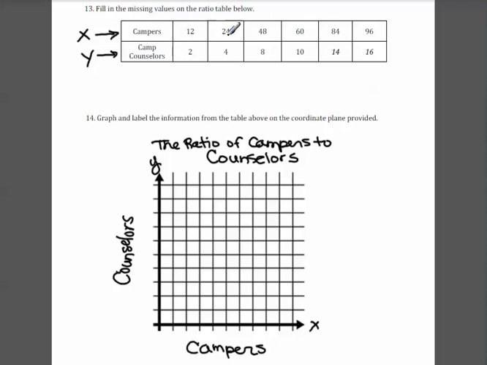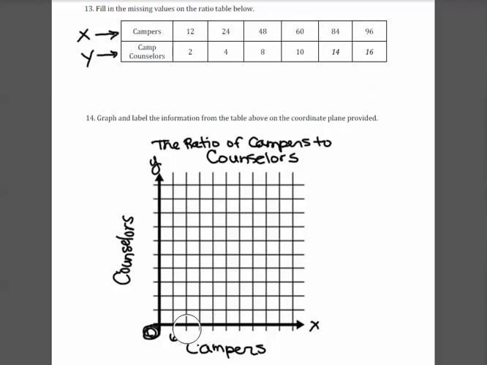So campers is increasing by 12 every time. So we start at 0, and I'm going to go up by 6s or 12s. It doesn't matter. Let's go up by 6s just so I have a little bit of room. 6, 12, 18, 24. But if I go up by 6s, I might not make it.